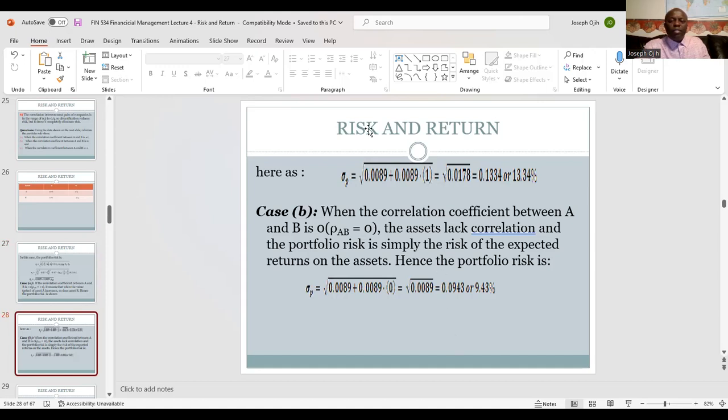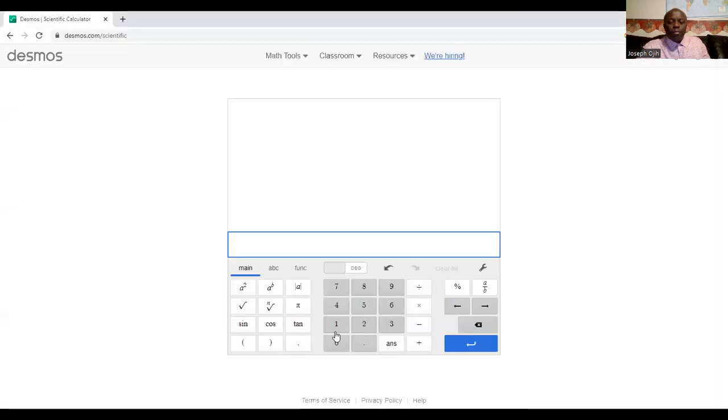So we have the result as square root of 0.0089, plus 0.0089 times 1, because the correlation is 1.